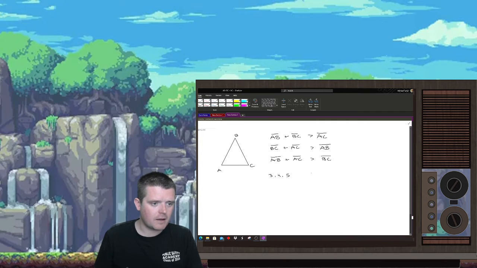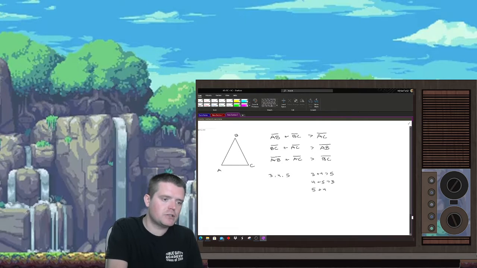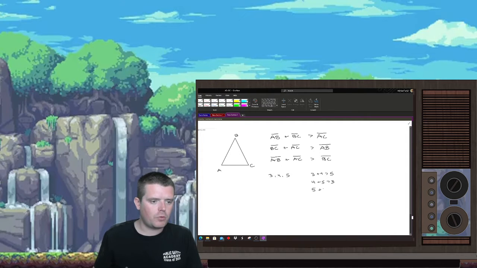So you would have to check: 3 plus 4, is that greater than 5? 4 plus 5, is that greater than 3? Is 5 plus 3 greater than 4, rather. So you check all three combinations, and as long as it works, 1, 2, 3, then the answer is yes, these can form a right triangle.